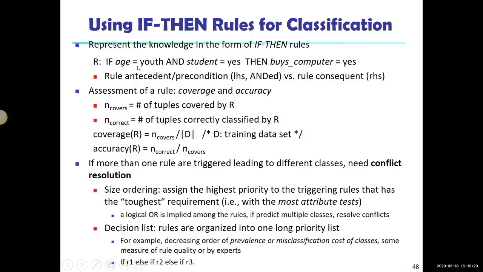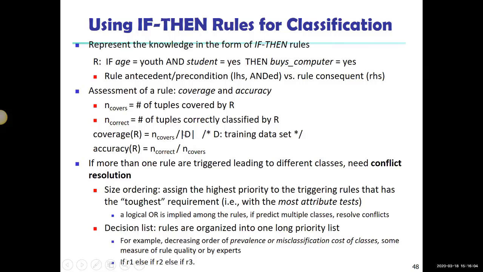When we need to learn the rules, we need a way to assess the quality of a rule. There are two commonly used metrics. One is called coverage, the other is accuracy. Coverage is the number of tuples covered by this rule. Correct is the number of tuples correctly classified by the rule. Based on these two, we can define coverage and accuracy.